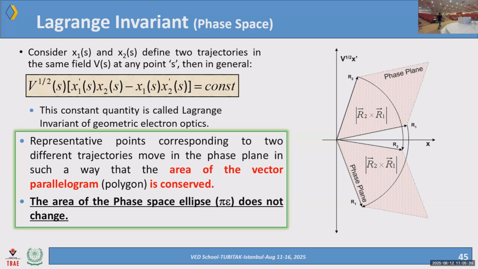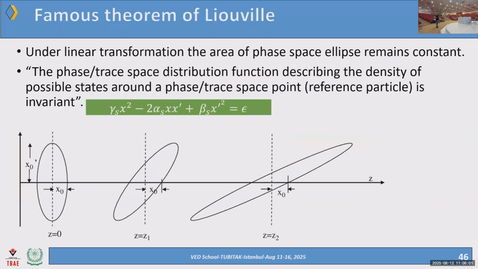This is called Liouville's theorem, a theorem which makes the foundation of beam transport. You have an envelope, you can roll it, you can elongate it, but you cannot change the total area of the envelope. So that's what we see. We have an ellipse, we can transform it. The net area must remain constant. This is the utmost condition for beam transport.